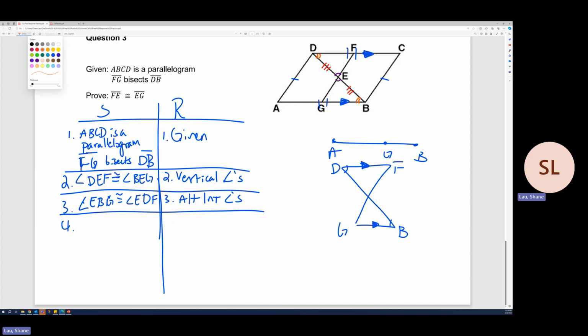So if this is ASA, which it is, right? We just proved it. We would say that triangle DEF has to be congruent with triangle BEG. And that, of course, is going to be by the ASA congruence theorem.